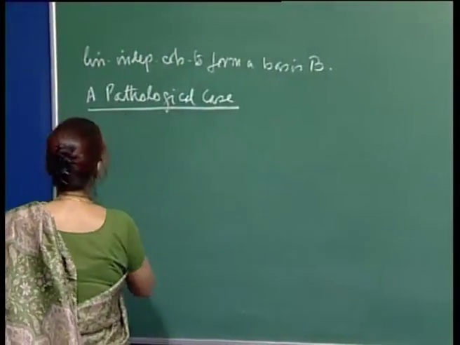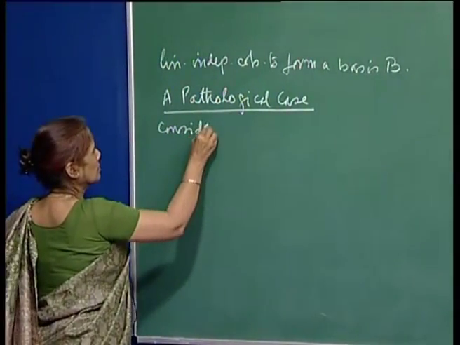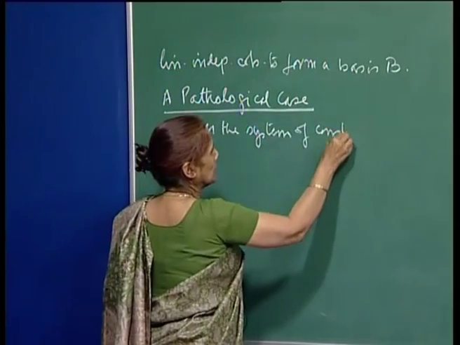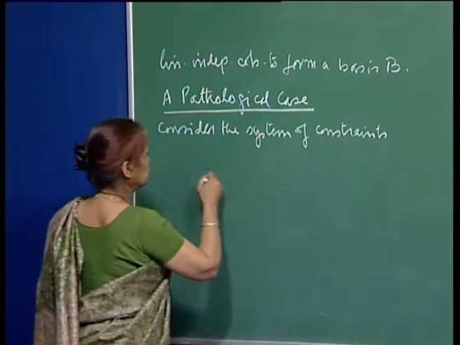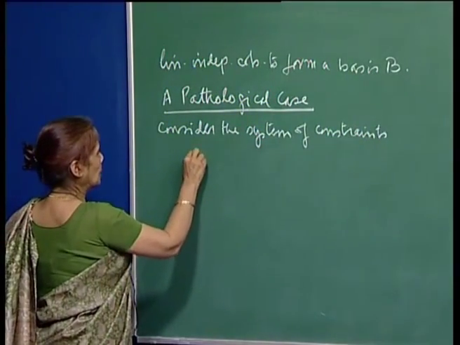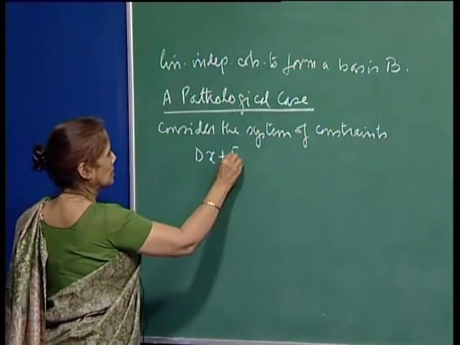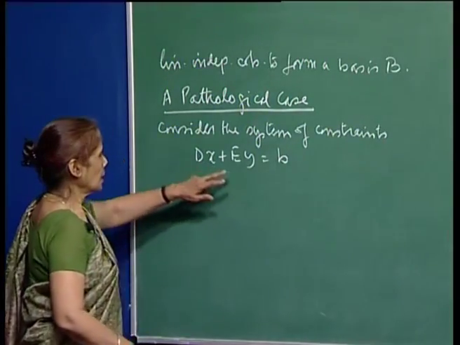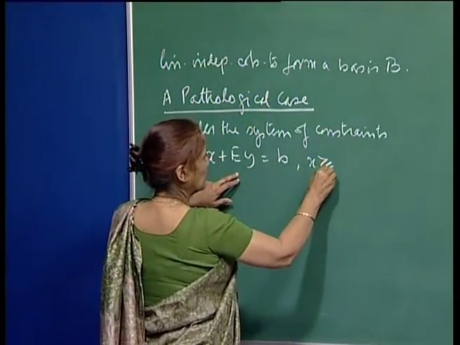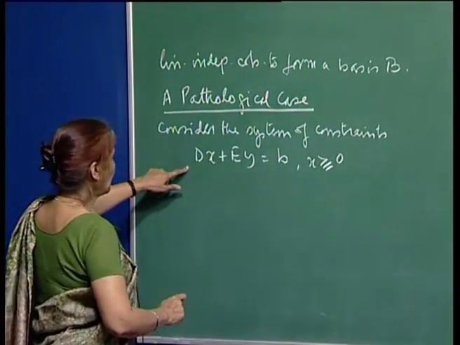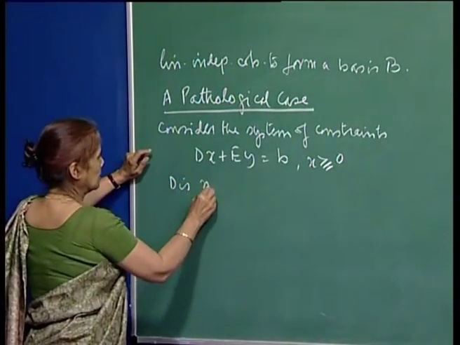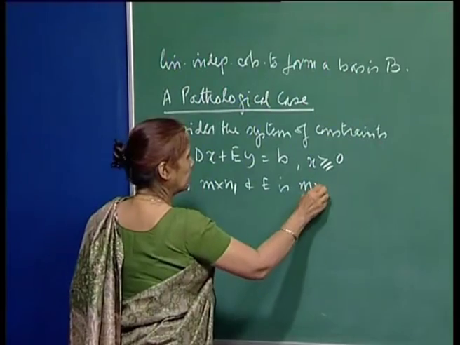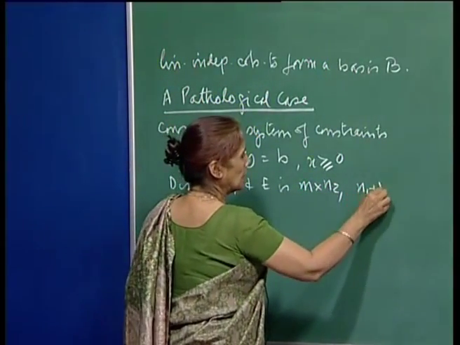Now suppose we consider the system of constraints Dx plus Ey equal to b, where x and y are greater than or equal to 0, and D is m by n1 and E is m by n2, n1 plus n2 is equal to n.